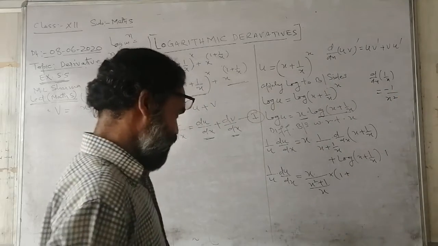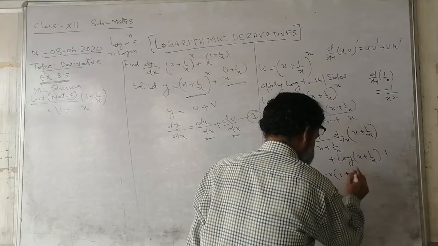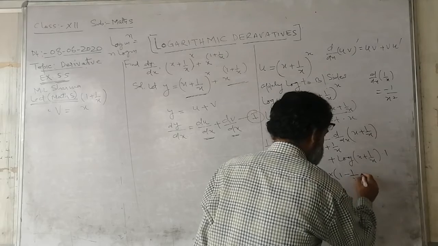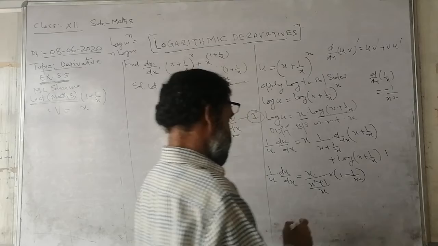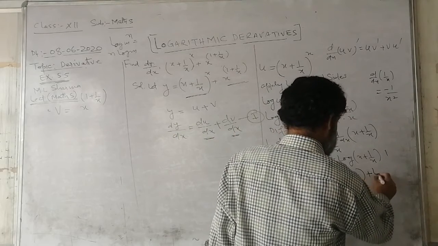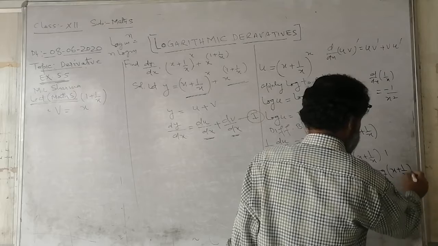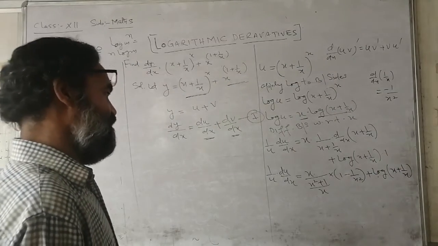So here I can write minus into minus, giving plus, 1 upon x square, plus log of x plus 1 upon x, 1 multiplied by this term will give the same term.